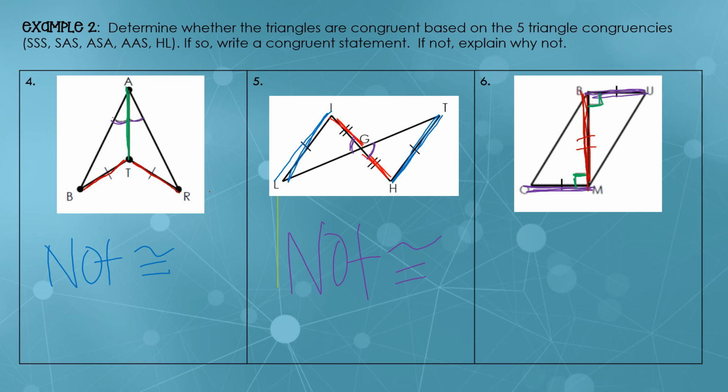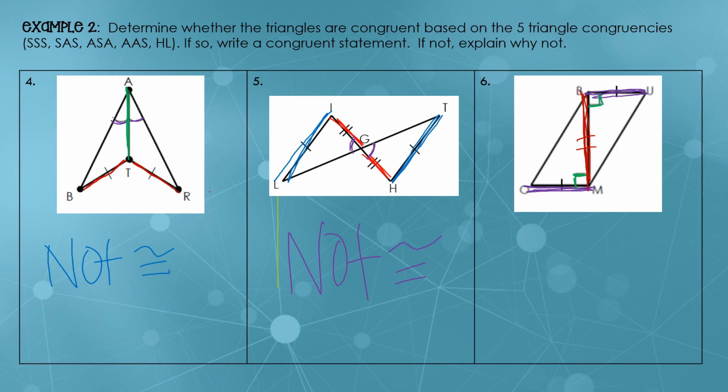Now this is a right triangle, which means it could potentially be hypotenuse leg if you are given a hypotenuse and a leg. The hypotenuse is opposite the right angle. It does not touch the right angle. So in this picture, OB and UM would be the hypotenuse, and they are not marked congruent. So this is not hypotenuse leg. That doesn't mean they're not congruent. They could be, but it just might not be by hypotenuse leg. It could be by another reason.